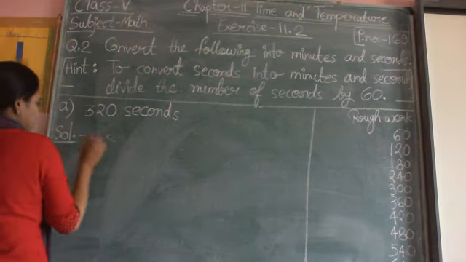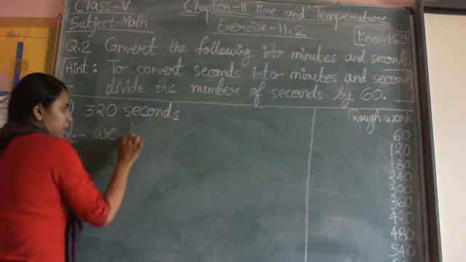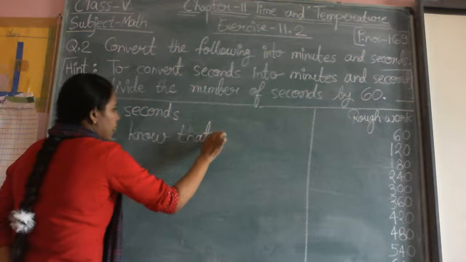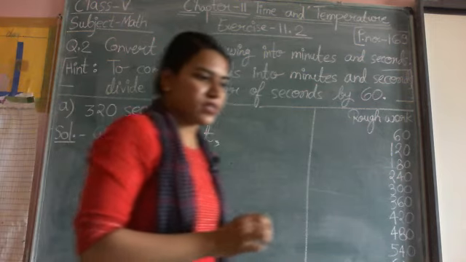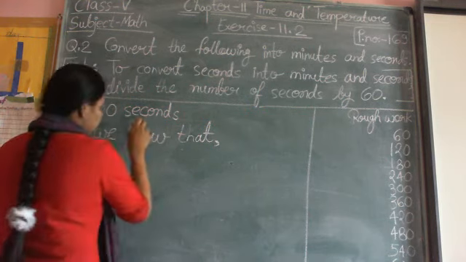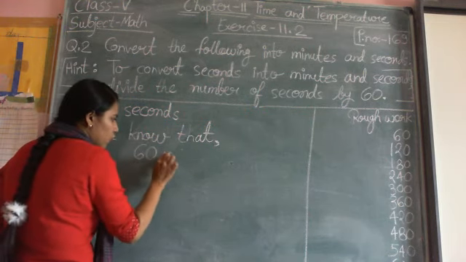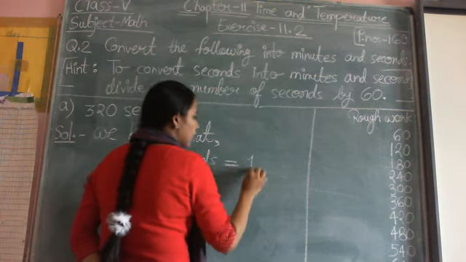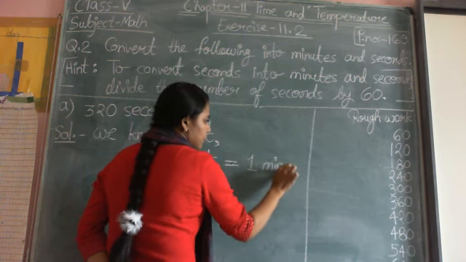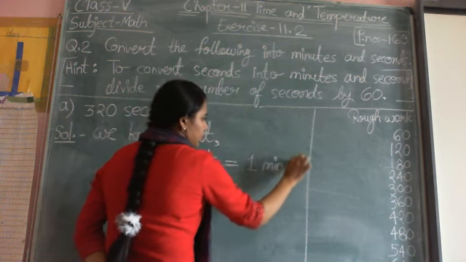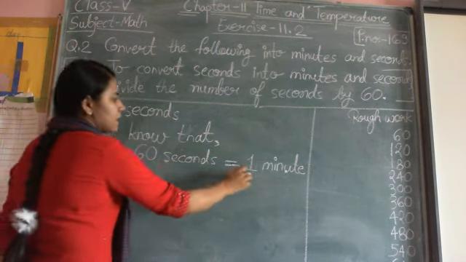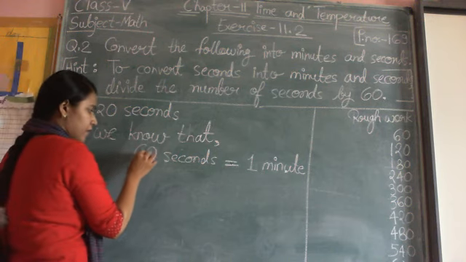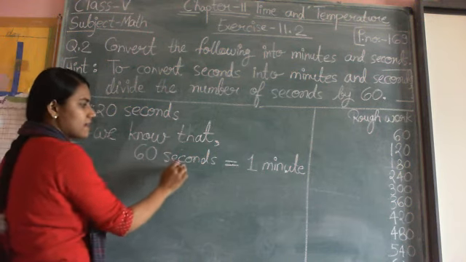So in the solution, we will write: we know that 60 seconds is equal to 1 minute. As the given data is in seconds, I am writing about the seconds.